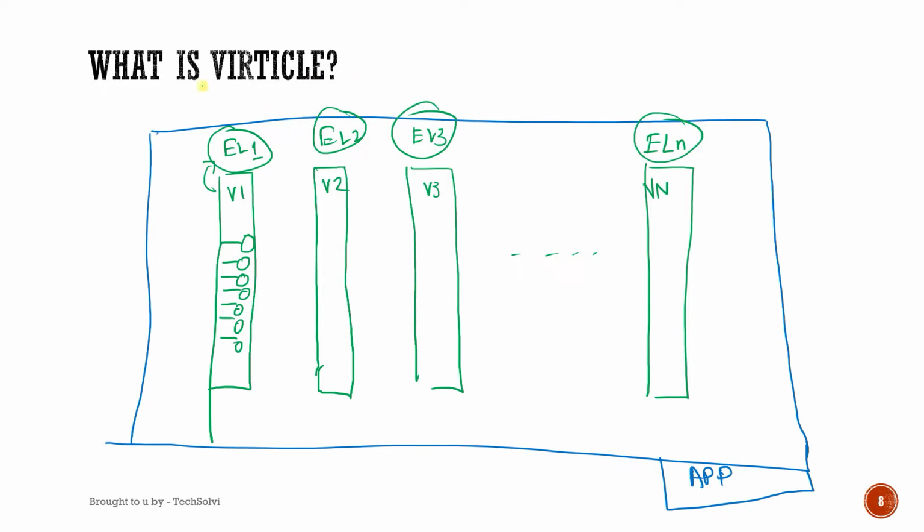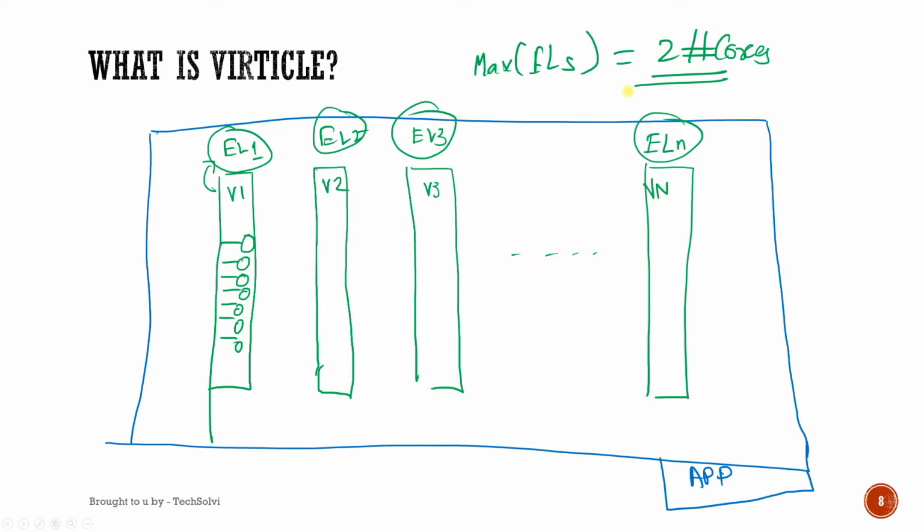So now the question is, how many such event loops can we have in our application? As per the official documentation of Vertx, the maximum number of event loops can be twice the number of cores in our system, where the application is running.